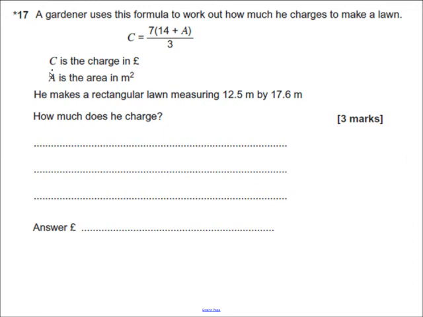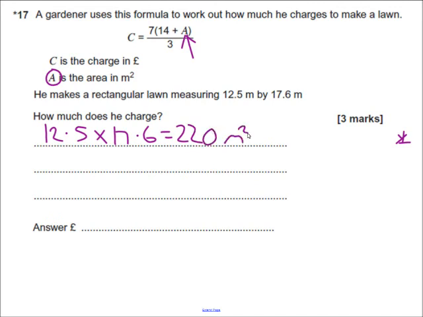So the first thing we need to do is calculate the area and substitute it into our formula. So the area of a rectangular lawn would be 12.5 metres multiplied by the 17.6 metres. And this is definitely one of those you're going to put in your calculator. And that's exactly 220 metres squared.